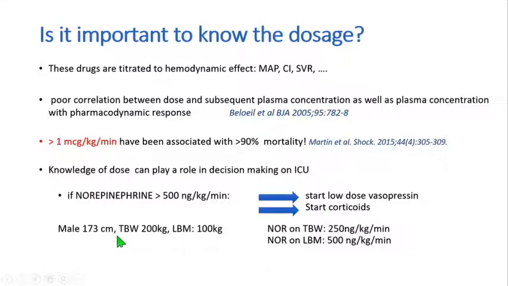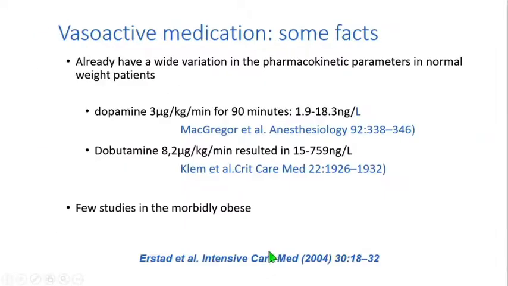But take this example. The total body weight of this man is 200 kilograms. His lean body mass is 100. Imagine if it should be dosed on lean body mass. This patient is receiving, instead of 500, only 250 nanograms per kilogram per minute. So yes, I do think it's important to know the exact dosage we are giving to these patients.